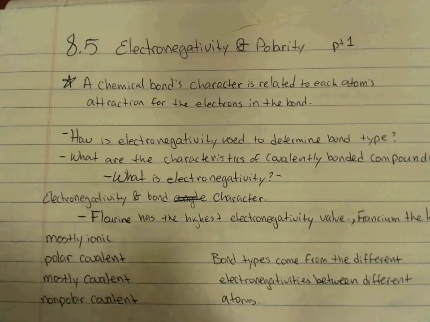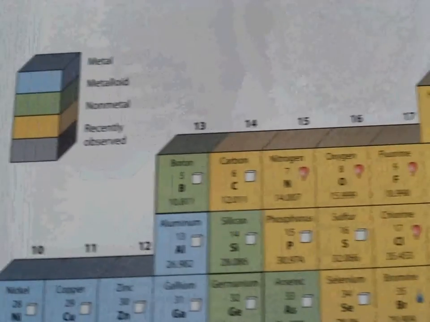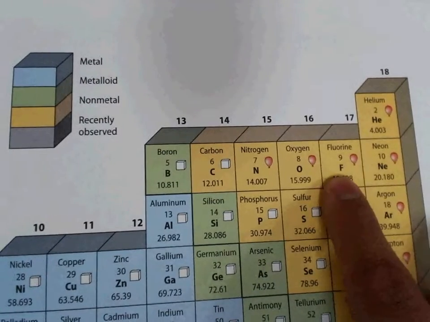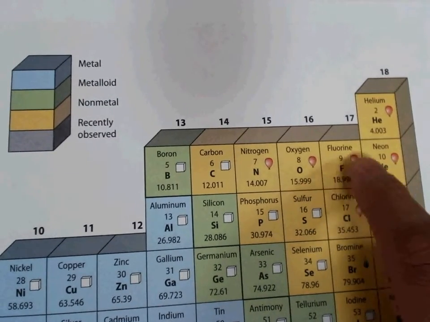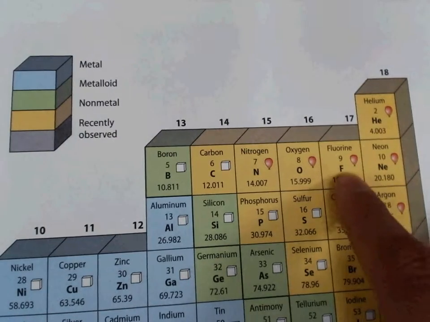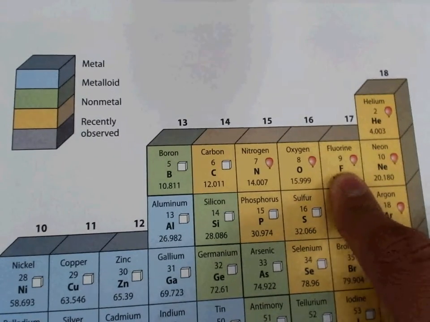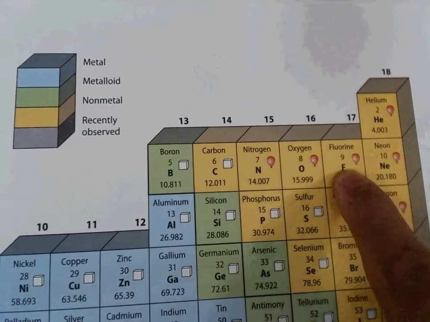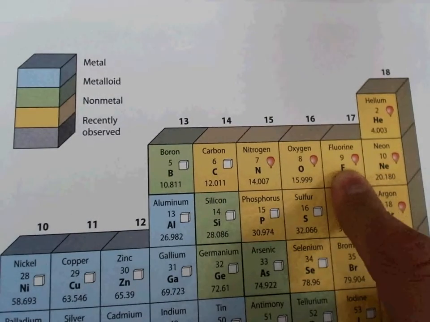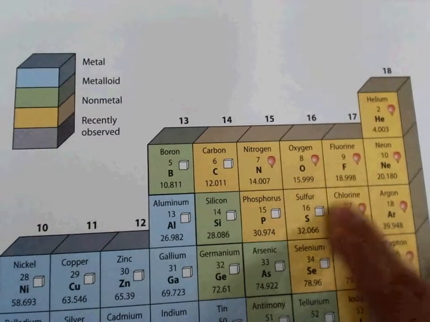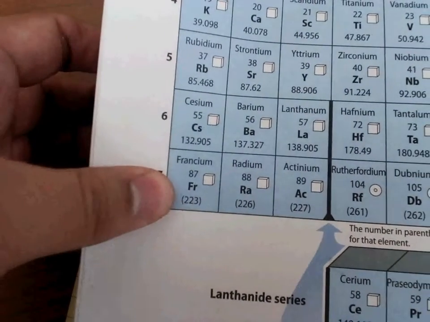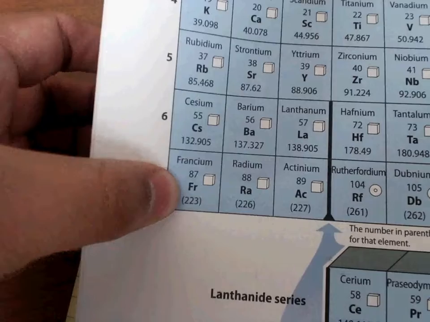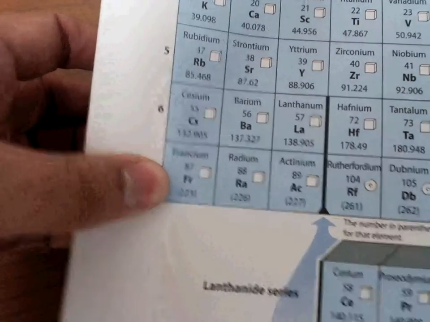So we look at the periodic table, and we have fluorine being here. Fluorine's the most electronegative, if you recall. This is where all the electrons are. This is the very tightly held electrons for the atom, and fluorine is so electronegative that it actually takes electrons away from other things. Whereas we have the contrast of francium, and francium does not take electrons away from anything, it actually gives them away very easily.